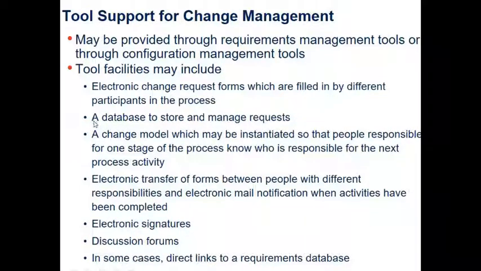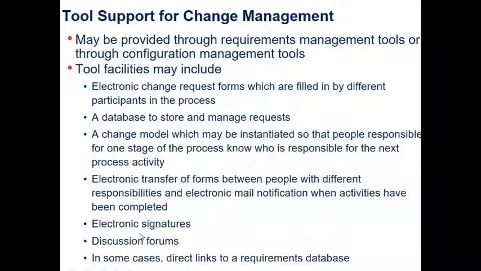Then another tool could be a database to store and manage requests, a change model which may be instantiated so that people responsible for one stage of the process know who is responsible for the next process activity. Or you can have electronic transfer of forms between people with different responsibilities and electronic mail notification when activities have been completed.